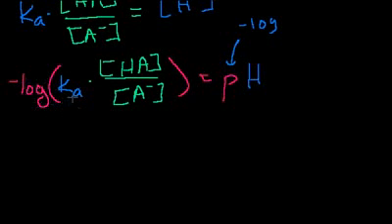So our logarithmic properties, we know that when you take the log of something and you multiply it, that's the same thing as taking the log of this plus the log of that.